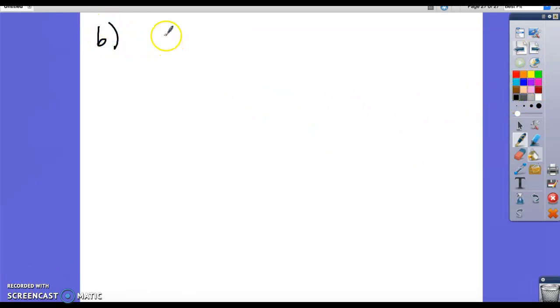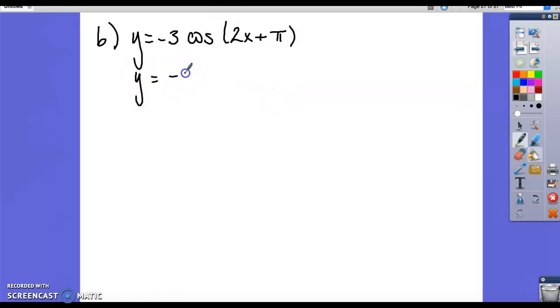Okay, now let's look at y equals negative 3 cosine of 2x plus 5. I'm going to write this in standard form like we did yesterday by factoring out a 2.